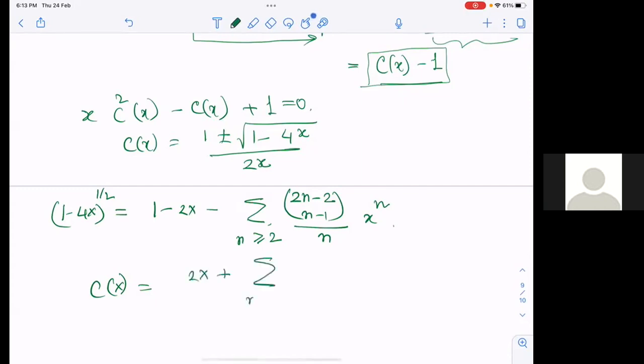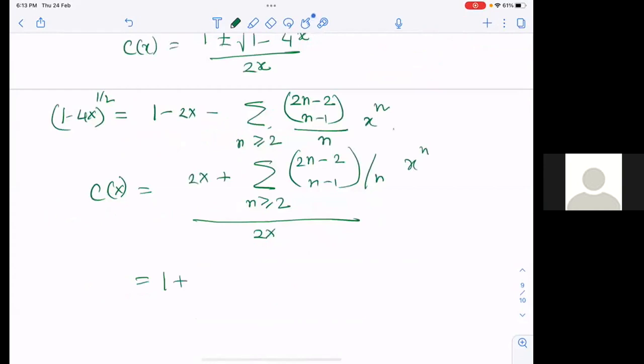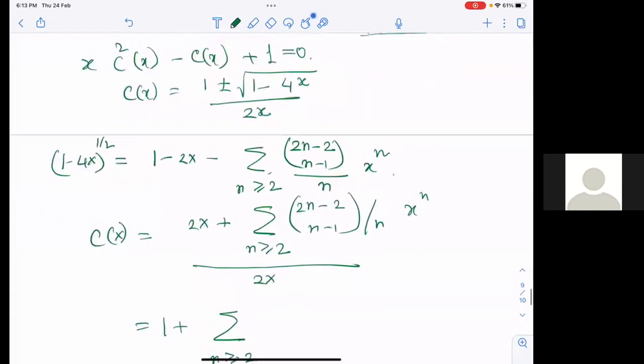Summation over n greater than or equal to 2. So this is like 1. I guess I should not make any mistake of any 2 in this part.